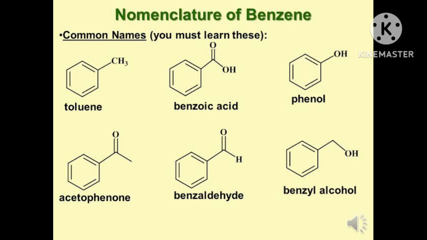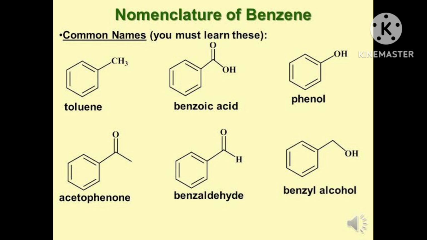You can't use any other numbers. It should always get the lowest numbers. If 1 and 2 are both close, then it will be 1,2-dibromobenzene.